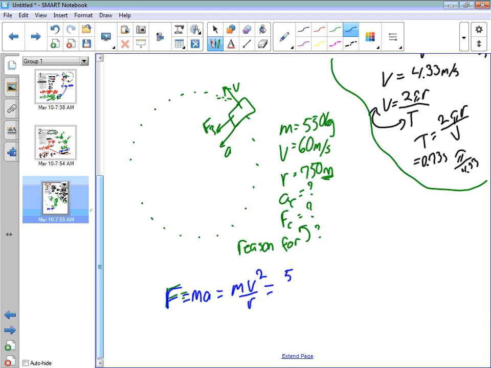So that's going to be 550 kilograms times v squared, that's 60 meters per second squared, divided by the r, which is 750 meters. So we're tapping into our calculators right about now.